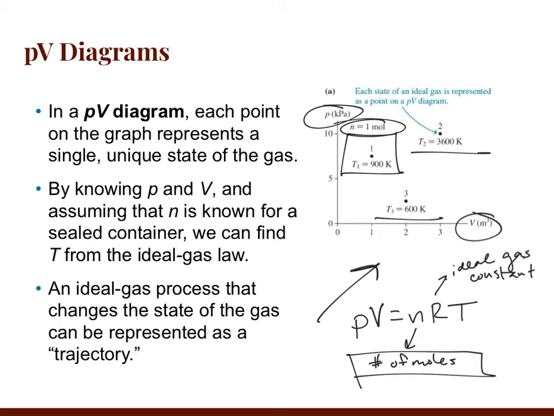Here it's given as 1. We've got volume on the x-axis, pressure on the y-axis, and temperature is just given at each point. So each point here is a different state of a gas. It's just the three variables plotted as the gas at some state.